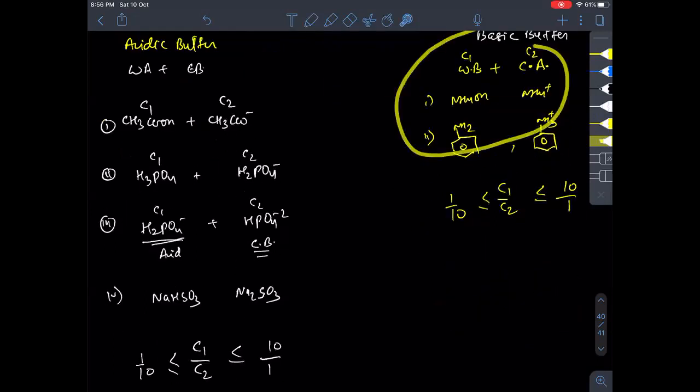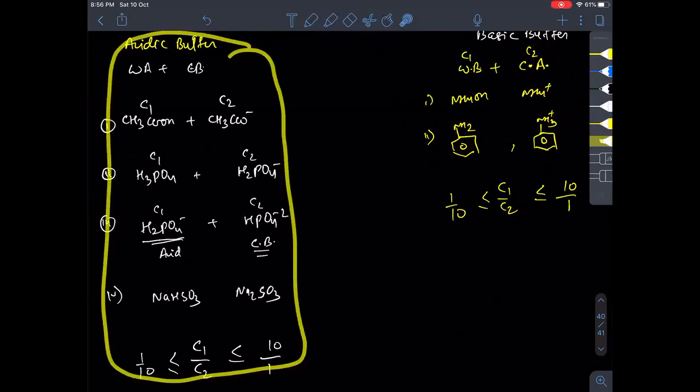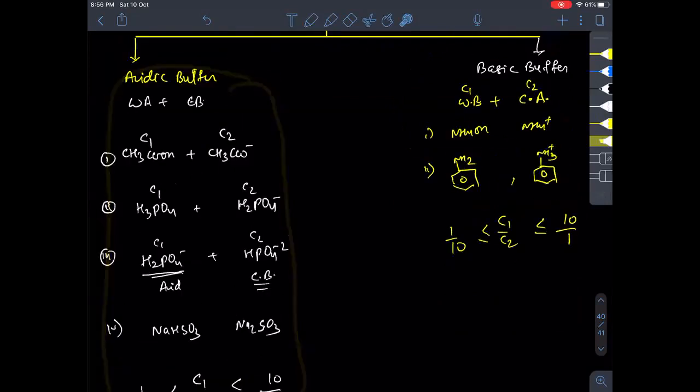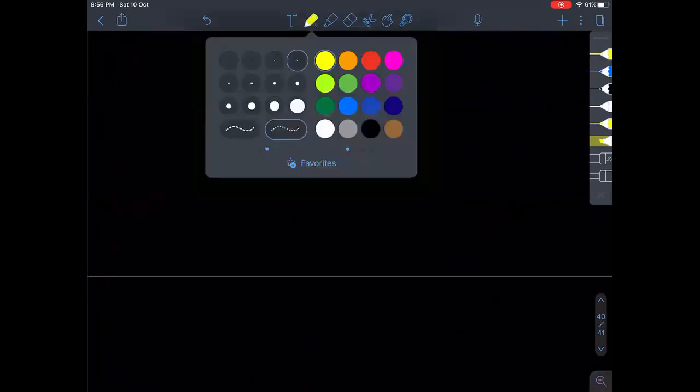Now I'd like to describe everything about the acidic buffer. And once I am done with it, you can solve similarly for the basic buffer. So let's start with the acidic buffer. Now you have already seen how to solve cases related to a weak acid in the presence of a common ion.